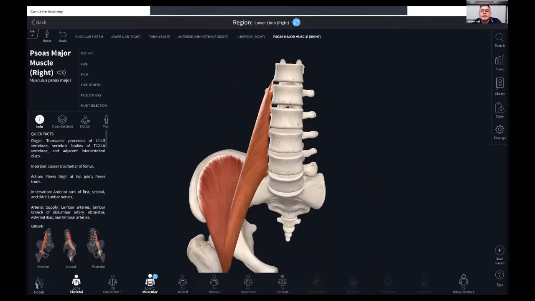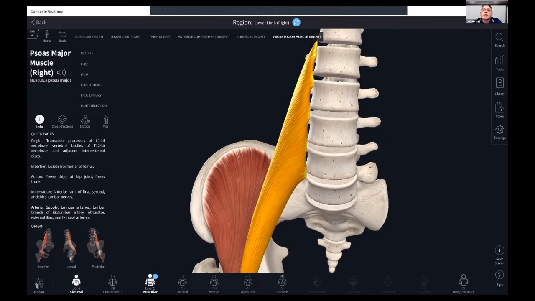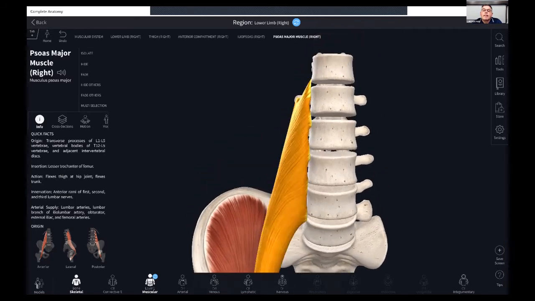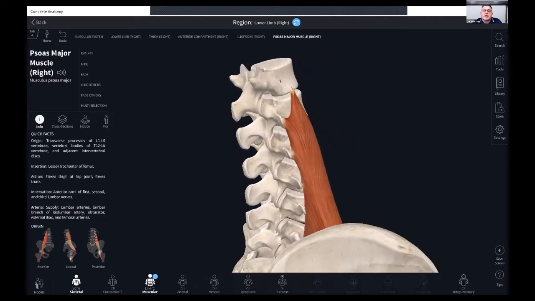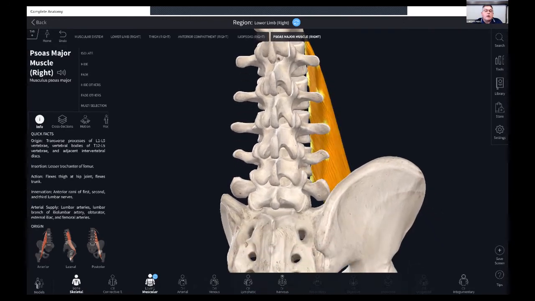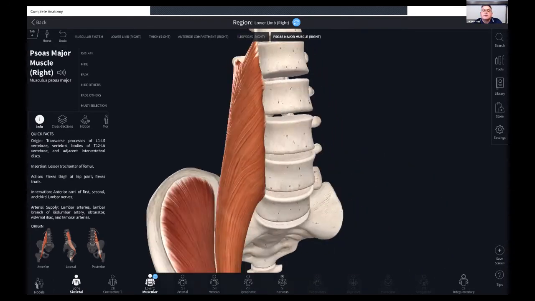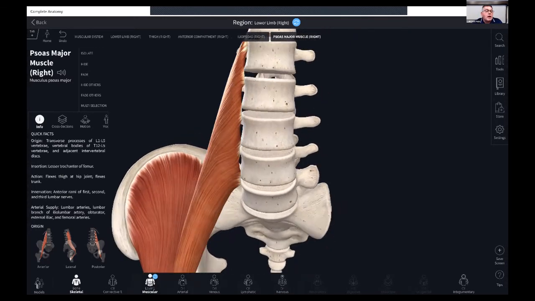So we can see on the vertebral bodies, T12 and L5, and then the transverse processes L1 down to L5. It also has attachment onto the disc. The discs are not represented, but they would be connected there.